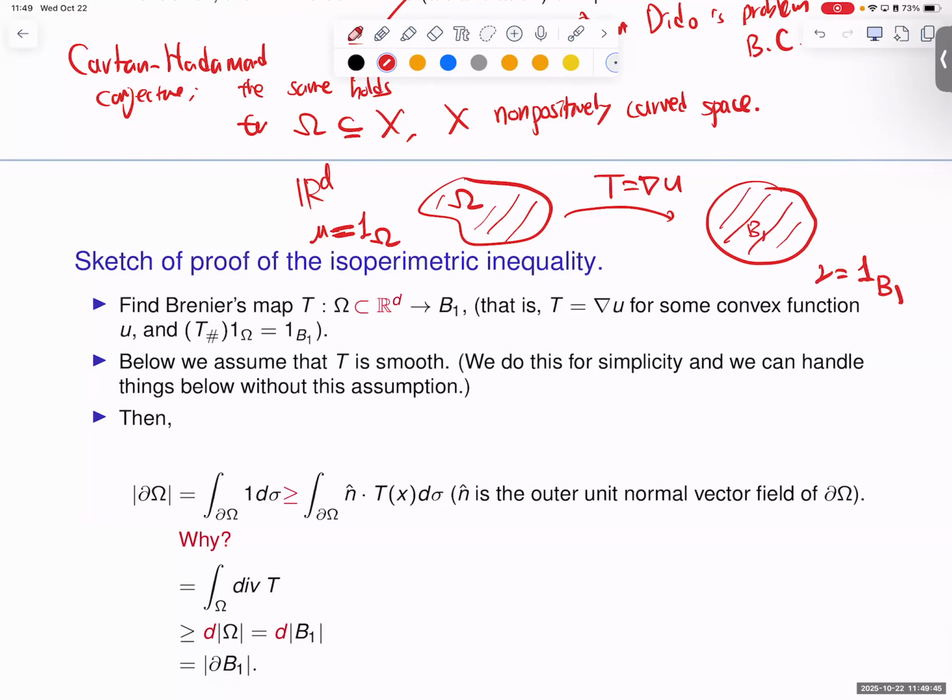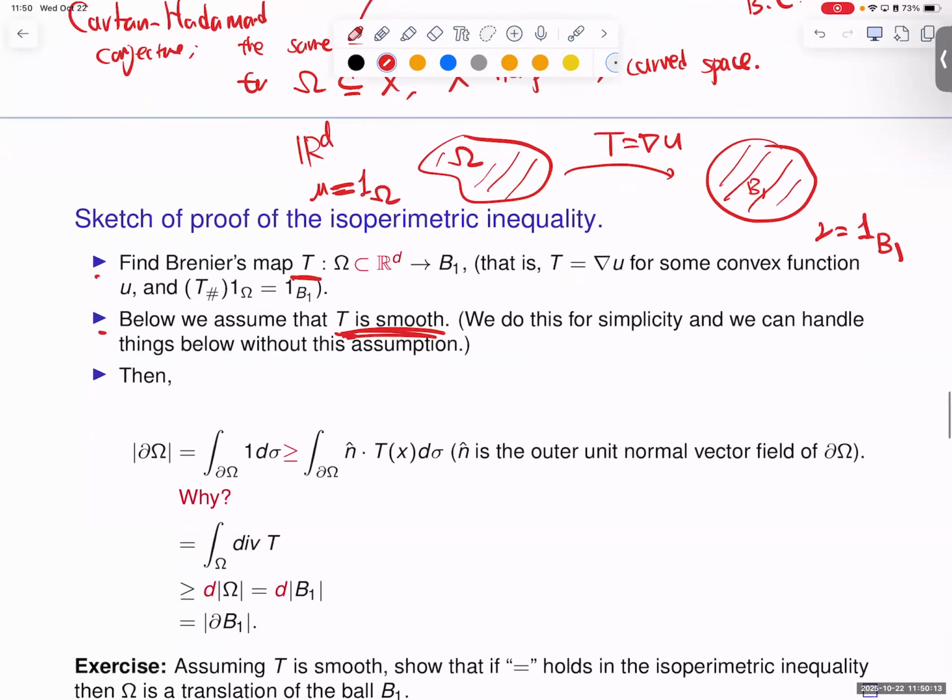Okay, you can find it, there's a Brenier mapping. It's a technicality, but we can just assume that this mapping T is smooth, so that you can carry out the following calculation without worrying about technicalities.